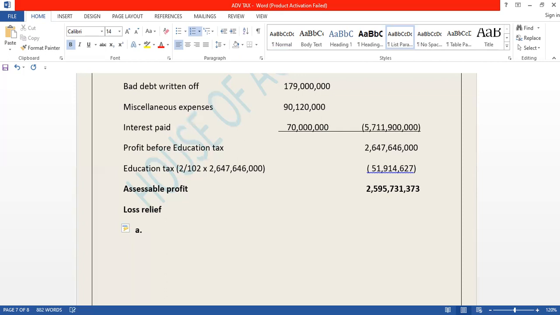So it's going to be in two forms: capital allowance, so it's going to be the lower of the capital allowance brought forward, which was given to us.